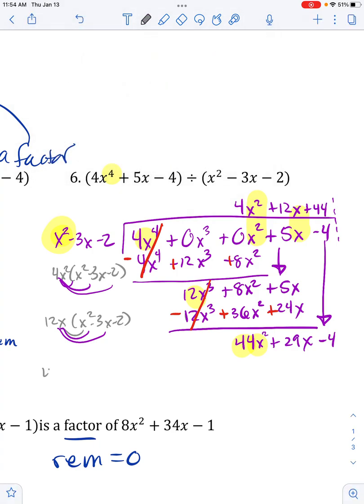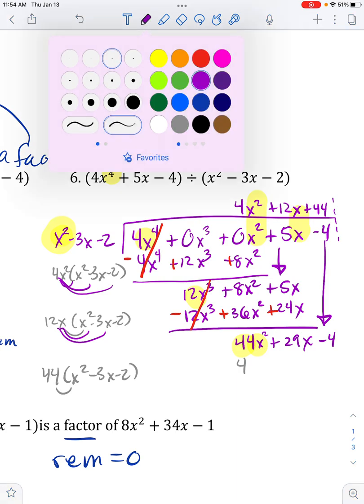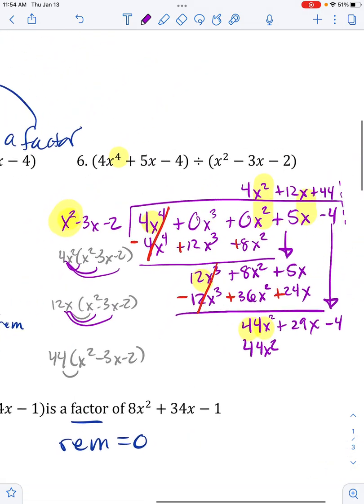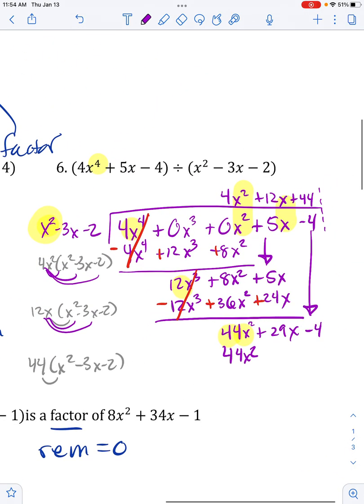When I do, now I feel like I'm hurrying because of my pen dying. I'll get 44x squared. I'm mathing, sorry. 44 times 3 is going to give me negative 132x and then minus 88.